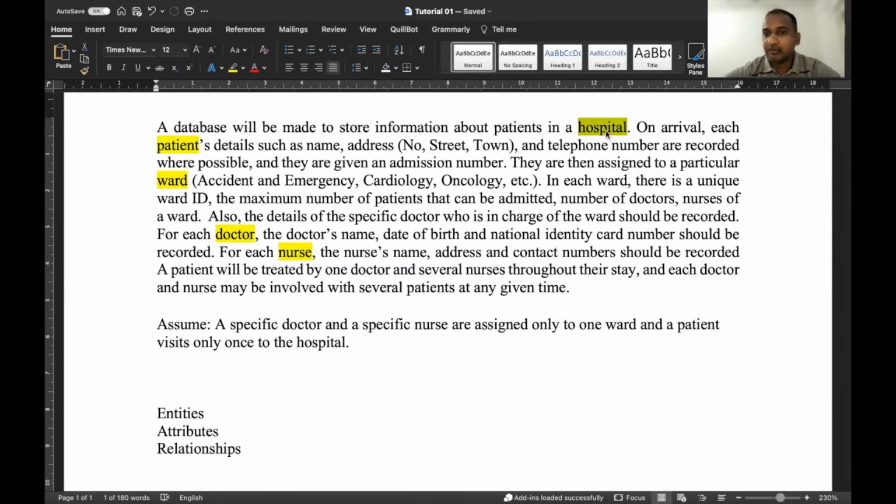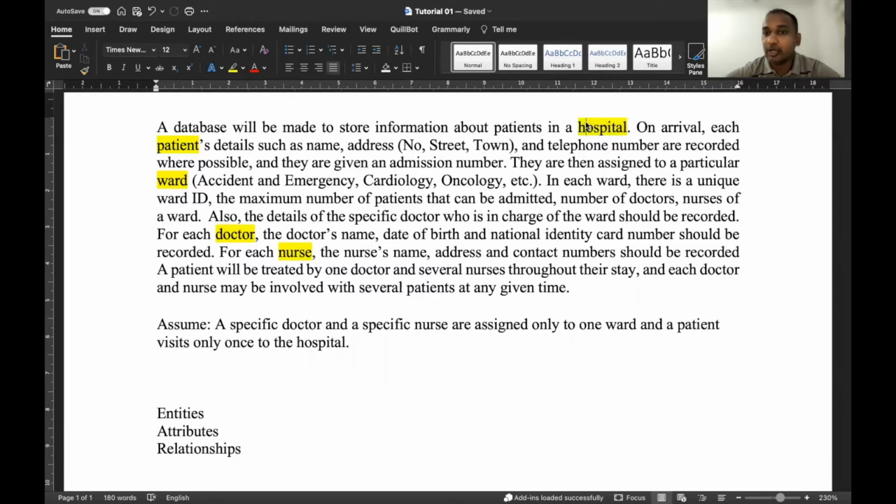Now, if you take hospital, think about how many hospitals are available in this scenario. You can identify this has only one hospital because we are going to draw an ER diagram for a particular hospital, only one hospital.